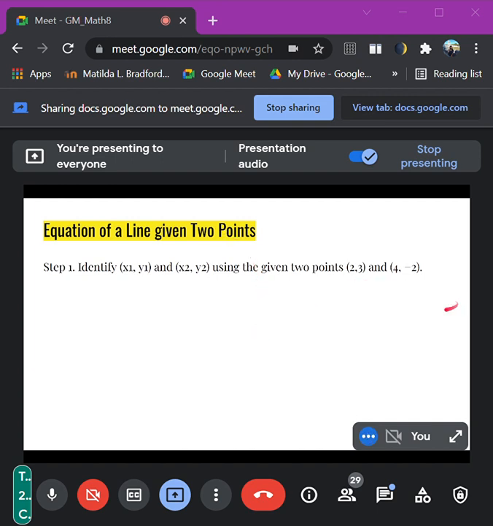So, you have there, for your x sub 1 that is 2, y sub 1 that is 3, and then your x sub 2 that is 4, and your y sub 2 is negative 2. Okay? That is how you are simply going to identify your x sub 1 until y sub 2.